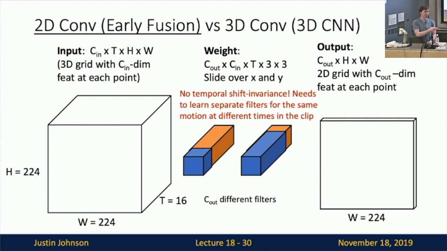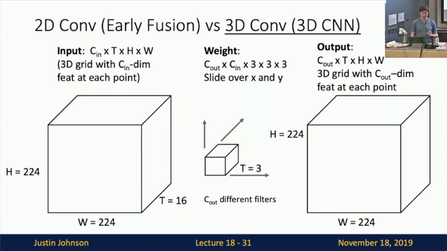But if we wanted to recognize a shift from blue to orange at time 7, then we would need a whole separate filter in order to learn that same temporal change, but at a different position in time. So that's a limitation of using 2D convolution to process 3D data: it's just not temporally shift invariant.